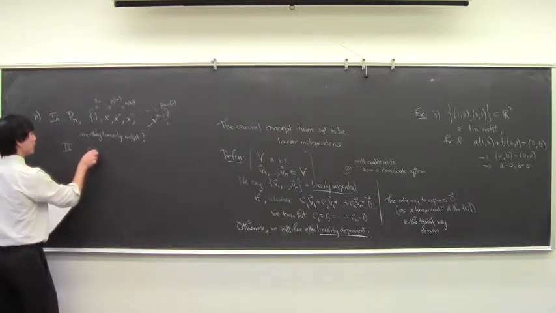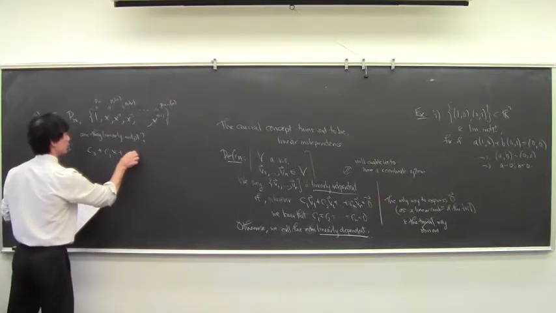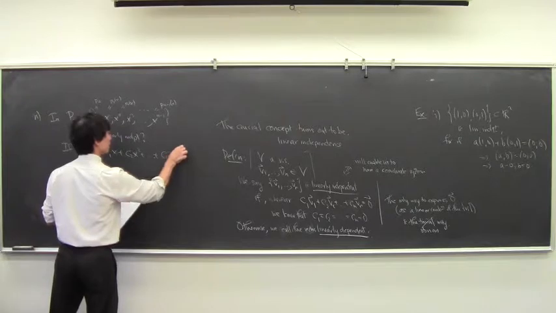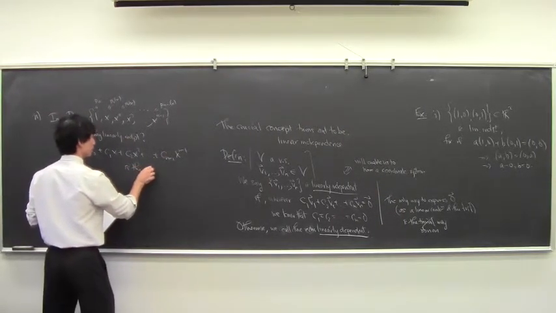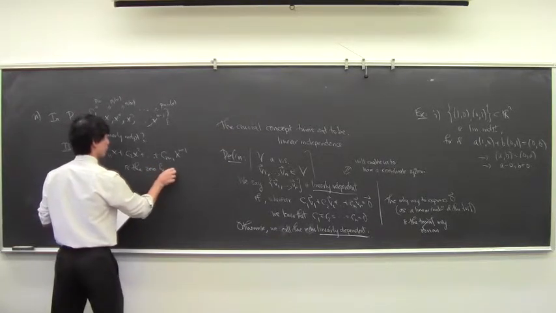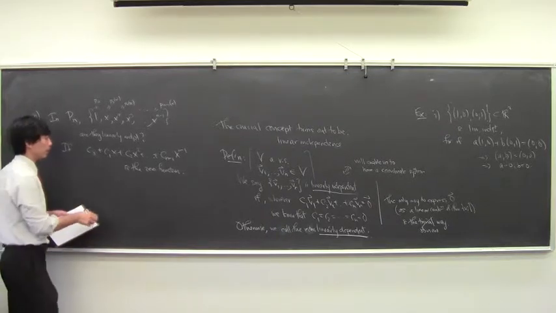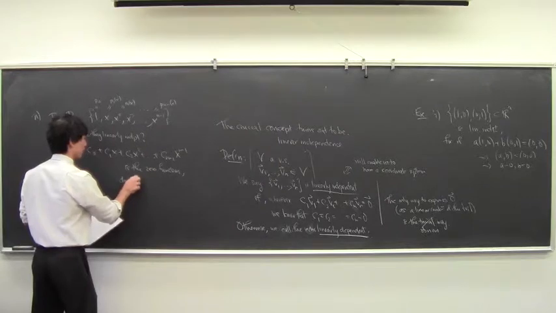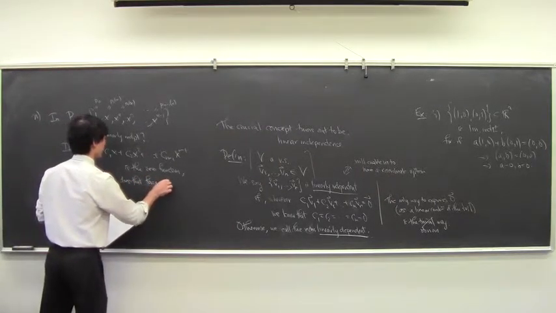if c_0 + c_1 x + c_2 x^2 + ... + c_{n-1} x^{n-1} is the 0 function, if this thing is the 0 element, does that force all the c_i to be 0?